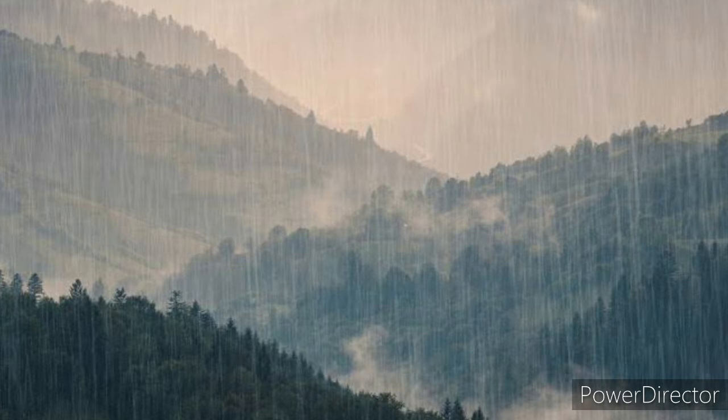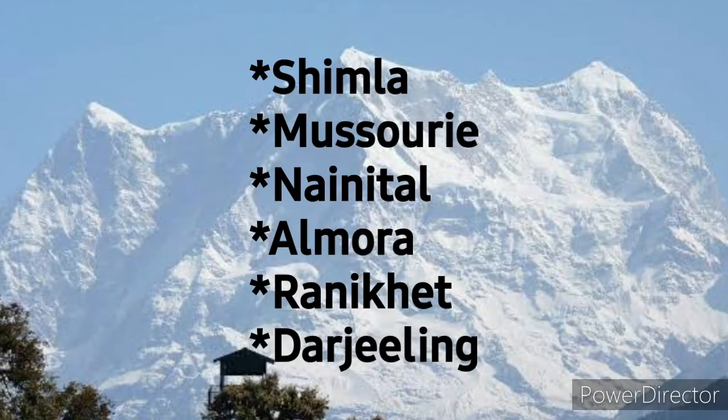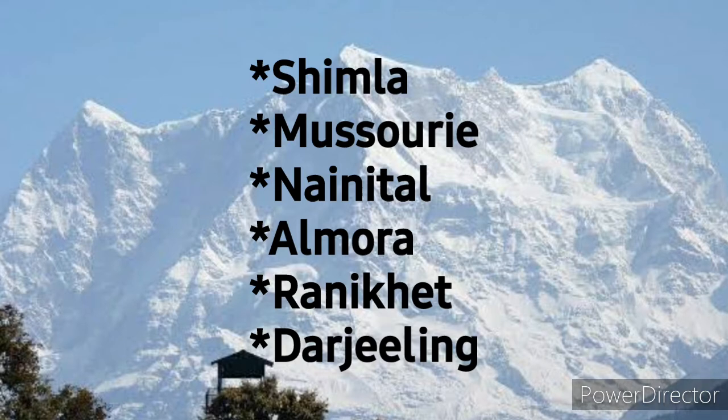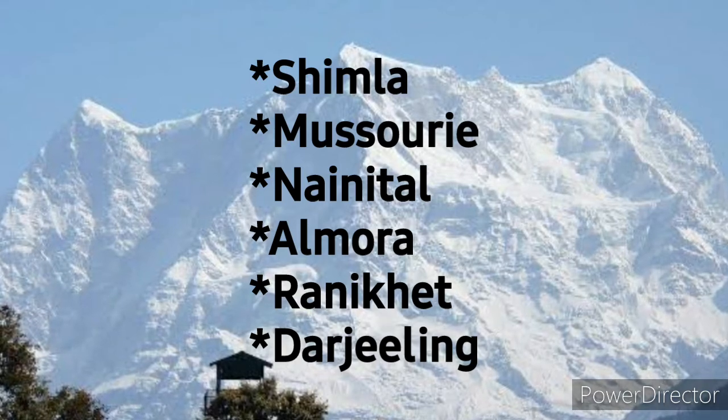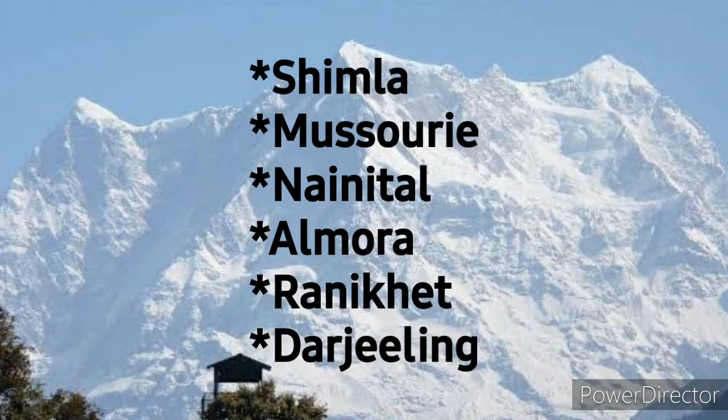The Greater Himalayas receive lesser rainfall, but the Lesser Himalayas receive high rainfall. Also, due to heavy rainfall, deforestation and urbanization, the soil is eroding there. Major hill stations of the Himalayas are Shimla, Mussoorie, Nainital, Almora, Ranikhet and Darjeeling. These are all famous tourist spots also.